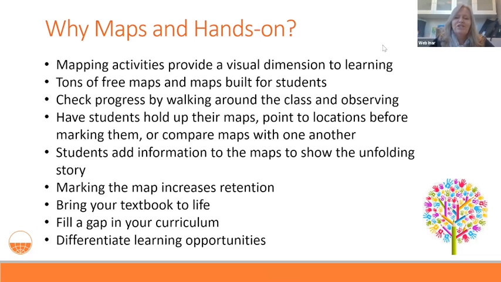I think that's true because mapping activities provide a visual dimension to the learning, which doesn't exist in most cases looking at the text, even if there's pictures in the book. And there are tons of free maps out there. The bummer is they don't all work well with students, right?